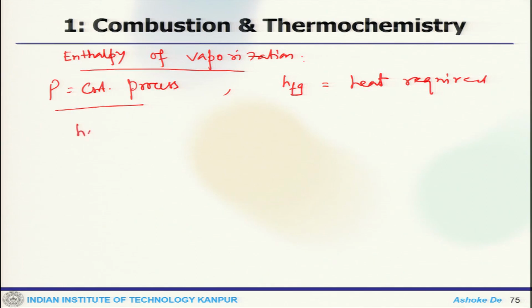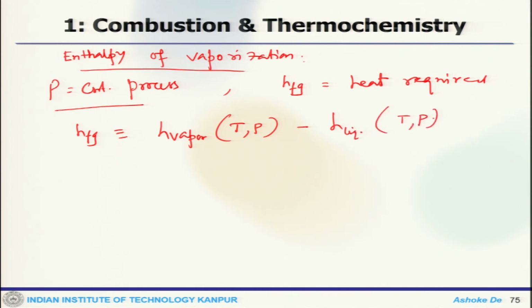So, we can get hfg equivalent to h vapor at a given temperature and pressure minus h liquid at the given temperature and pressure.